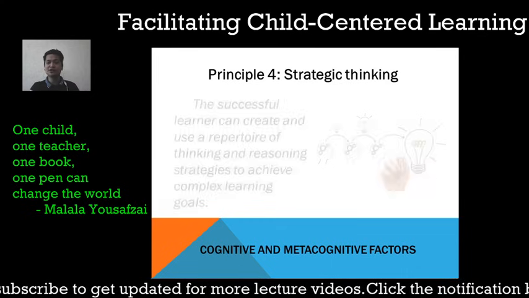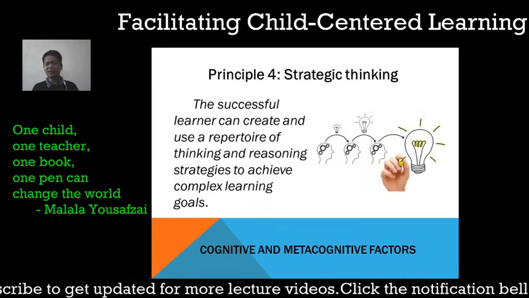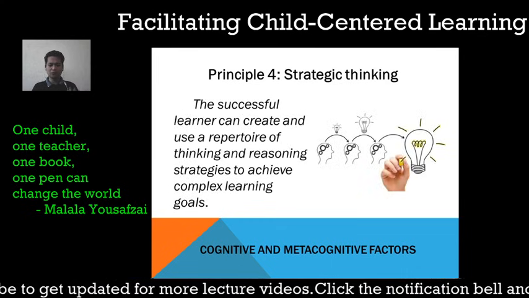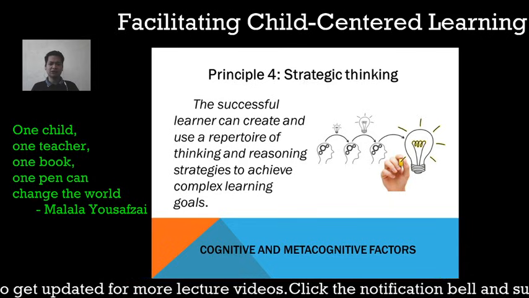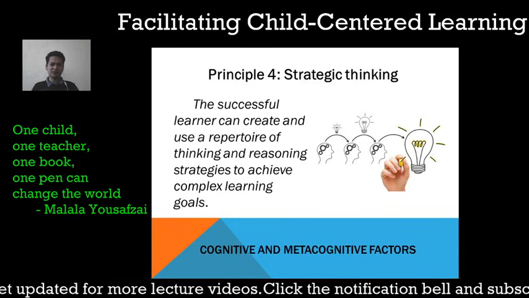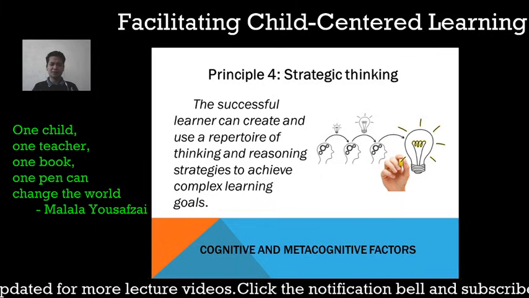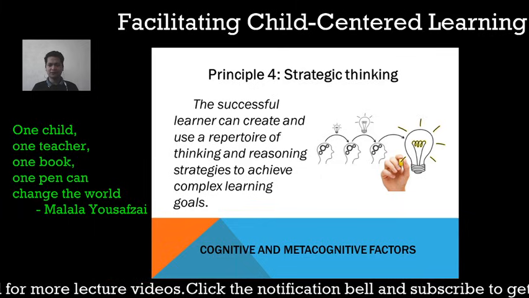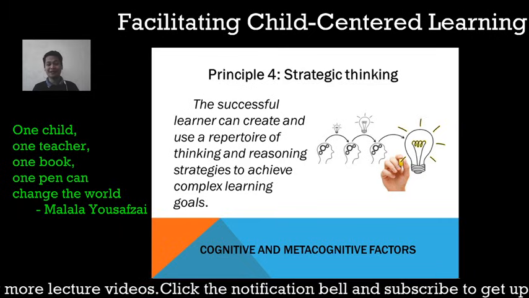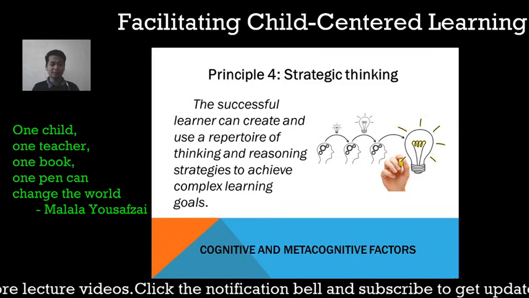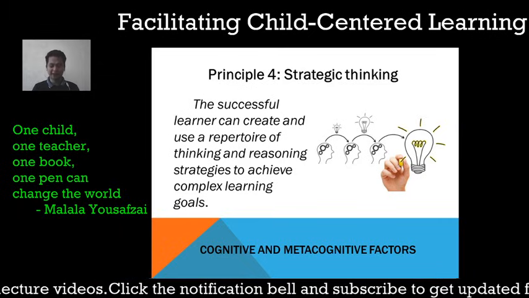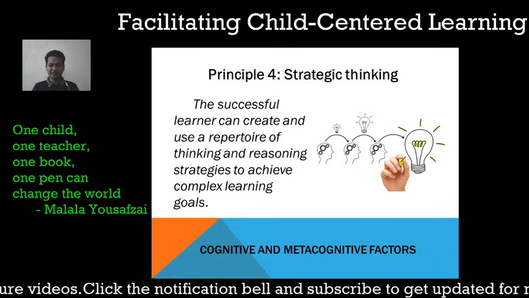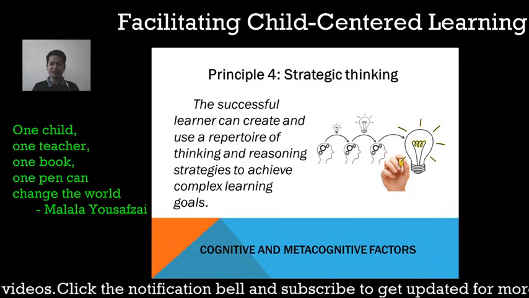The next one is strategic thinking. Okay, now I would want to give an example about, I think this is more of the experience, because a lot of the time, whenever I give complex tasks to my students, some of the students really complain, right?